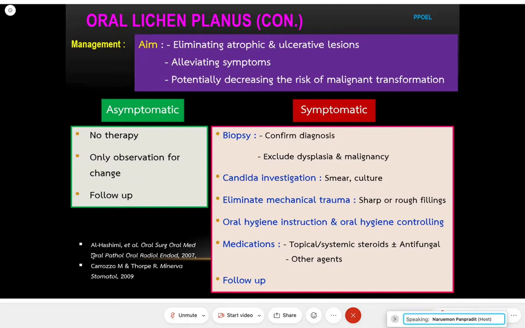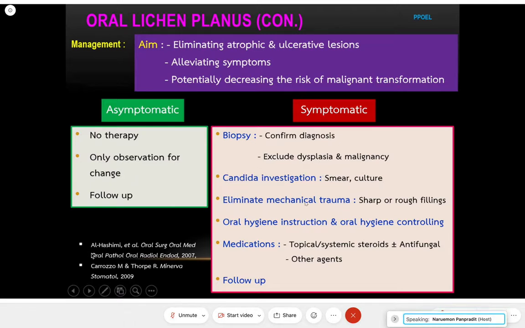But when it comes to the symptomatic type that contains red or ulcerated lesions, the best thing to do, if possible, is to do a biopsy first to confirm diagnosis and to exclude dysplasia and malignancy.